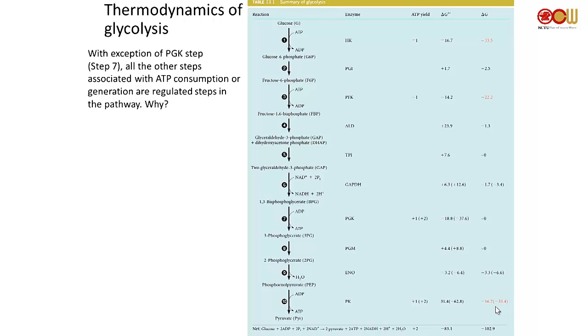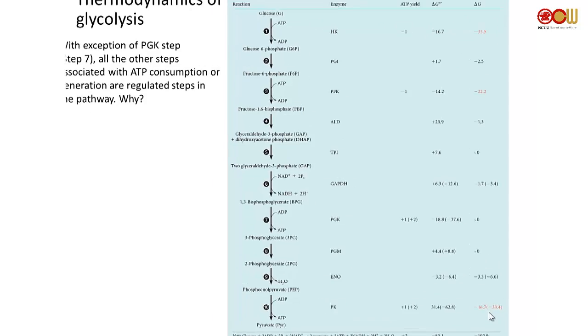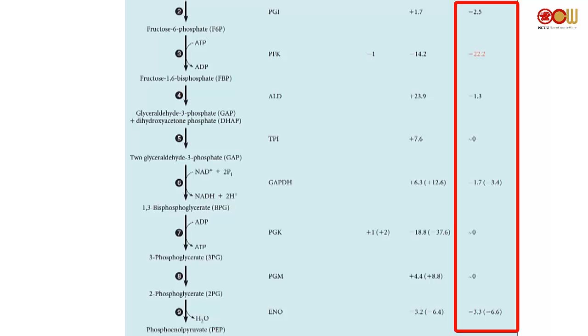And then the third reaction, where phosphofructokinase turns F6P into F16BP, the real delta G is -22, so it's fairly large. If you look at all the other reactions, some are close to 0, some are just very small.